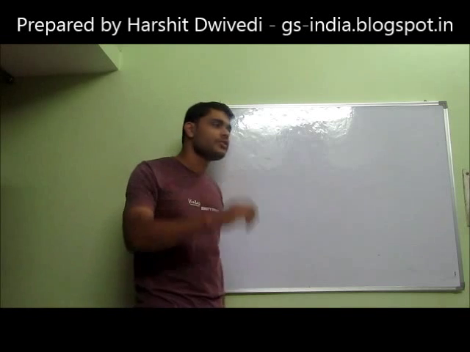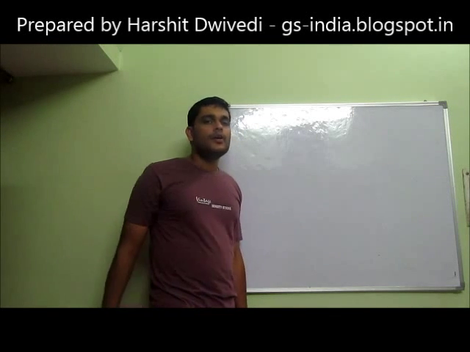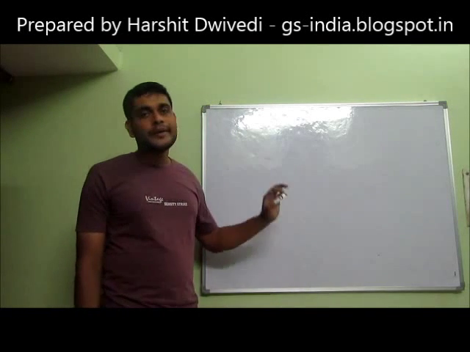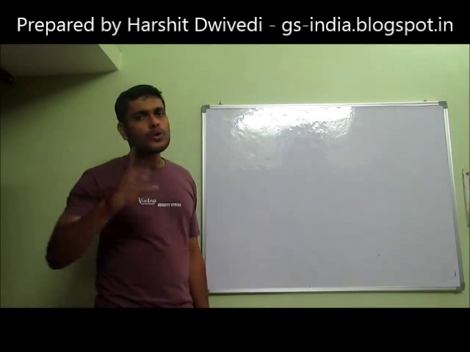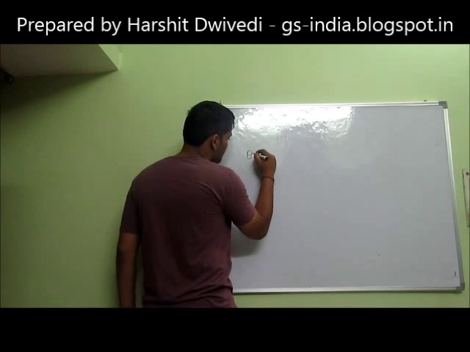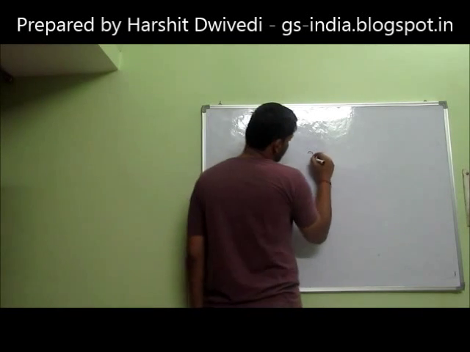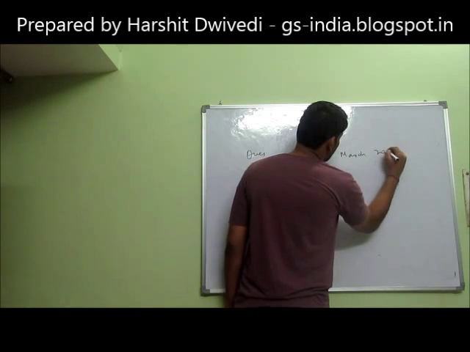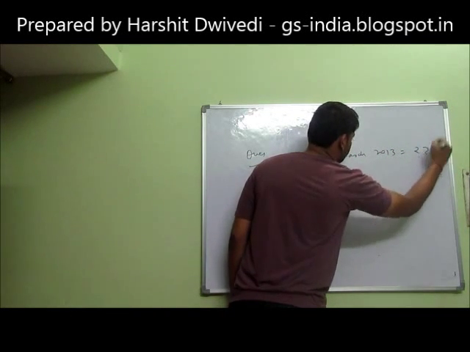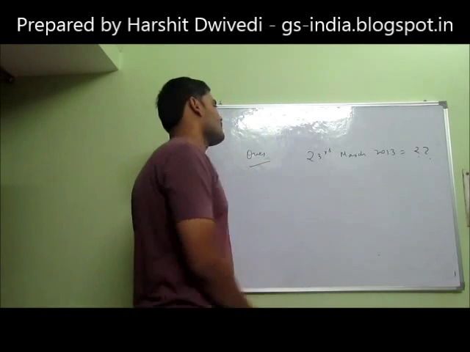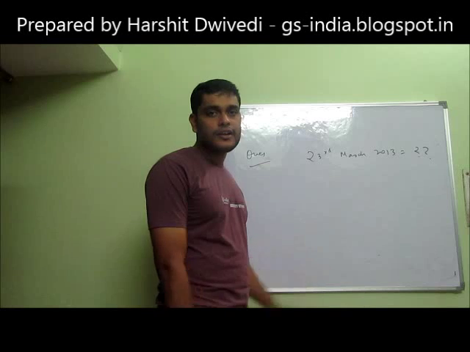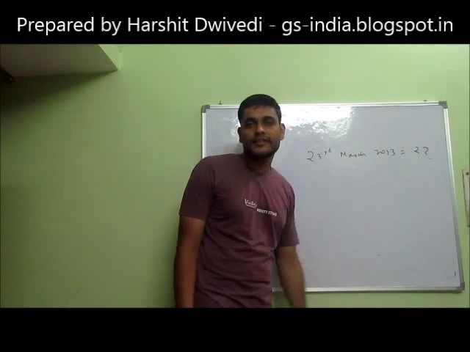Suppose 23rd March 2013. Now if I have to calculate what day is 23rd March 2013, I have not been given a base. This is a simple question and I have been given nothing in it. Then what will I do in this case?